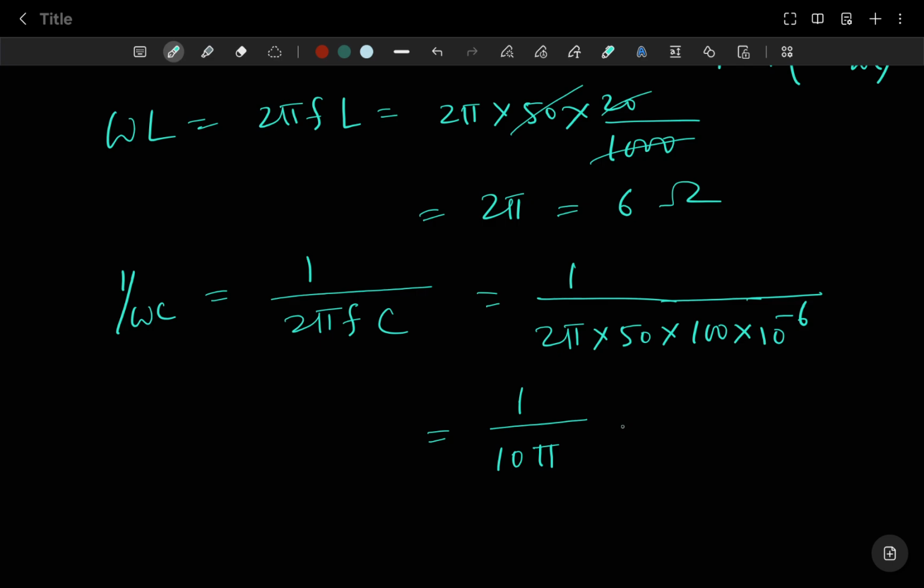So it will be 100 by pi, right? It will be 100 by pi. So it's nearly 33 ohm.